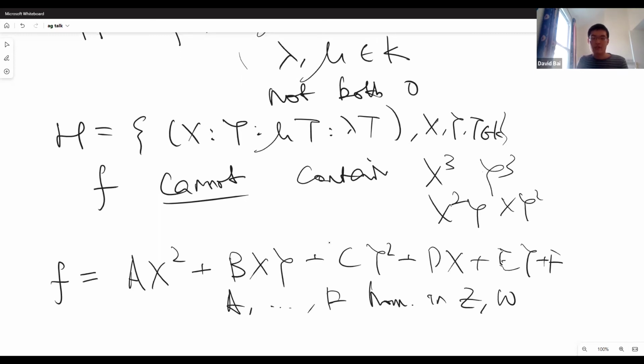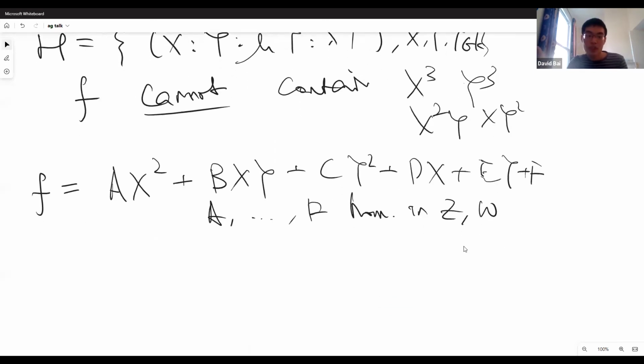So for example, a would have degree 1, and f would have degree 3, and d would have degree 2. So we know that if F contains L, it must be of this form. And we know a lot about conics. We know a lot about quadratic forms.